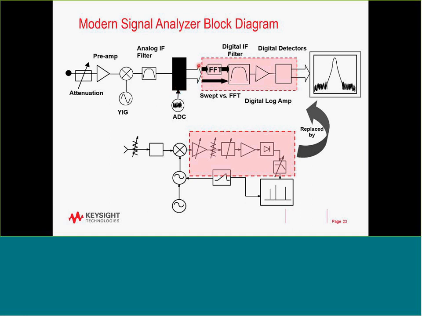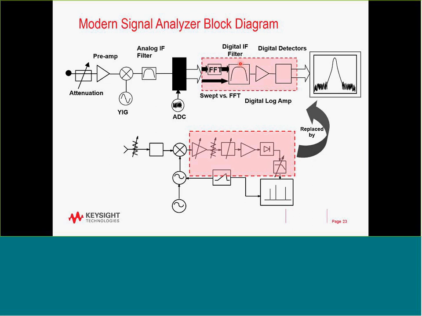And of course, you have two modes. Either you go in FFT mode if you want a narrow resolution bandwidth on a small span, or you can go in swept mode, which is ideal if you have to sweep through a wide frequency range quickly. All the resolution bandwidth filters are digital. Because of that, it takes away a lot of the uncertainty that we had in the past.